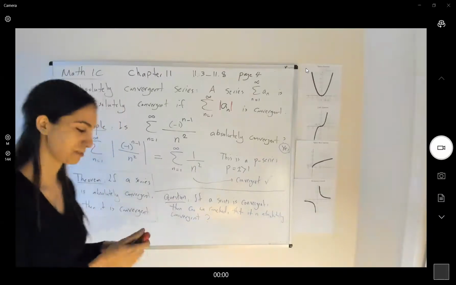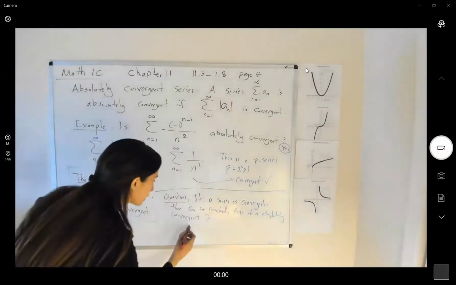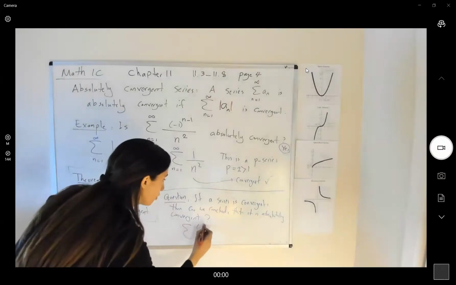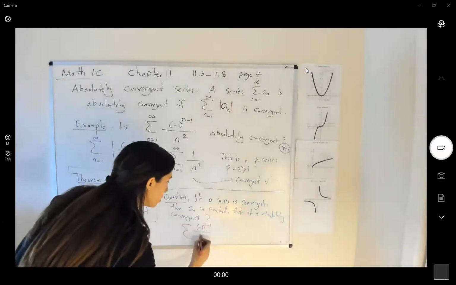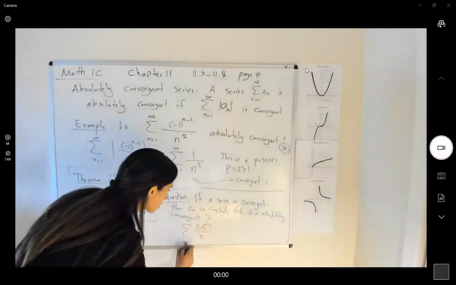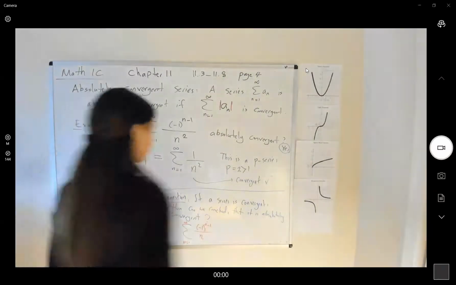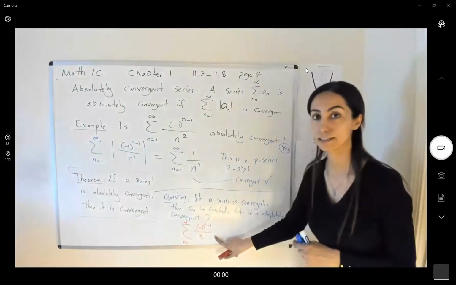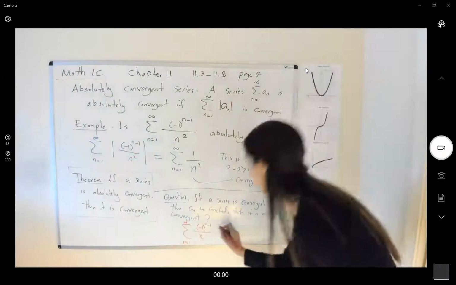Think about this series. Alternating series, (-1)^(n-1) divided by n, n starts from 1 to infinity. This alternating series is convergent, for sure.